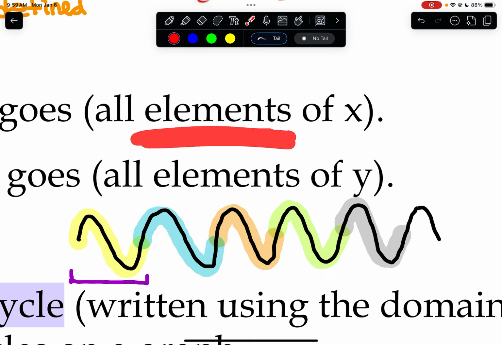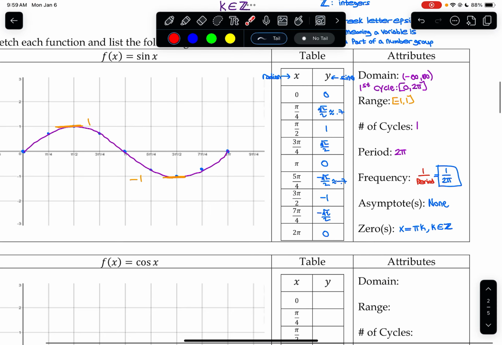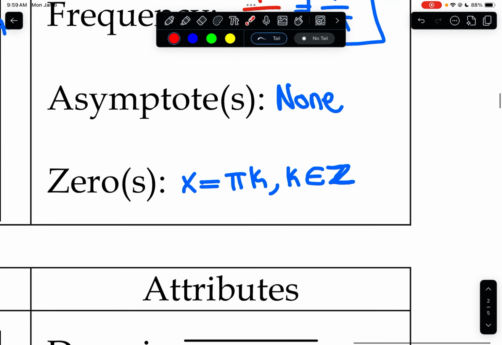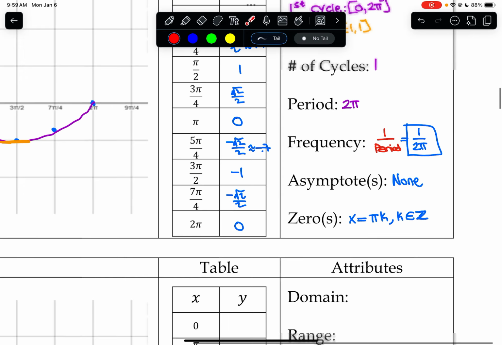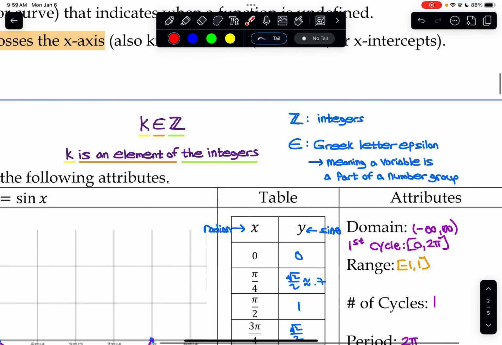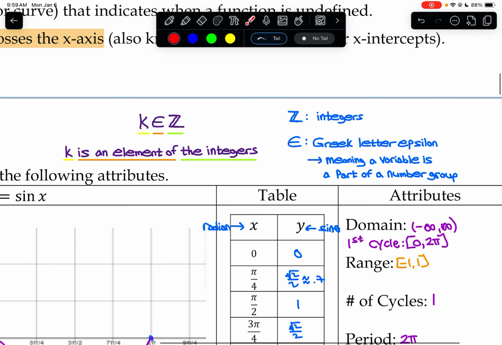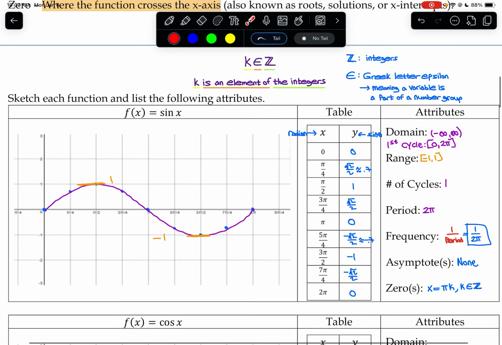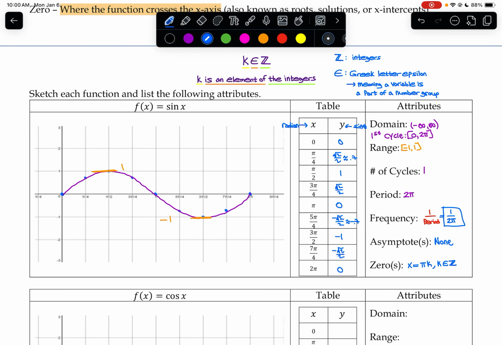That's why we also talked about the element up here. We're saying k is an element of the integers. We always have to define what your variable is whenever we have multiple values. Okay, so there is your sine value.